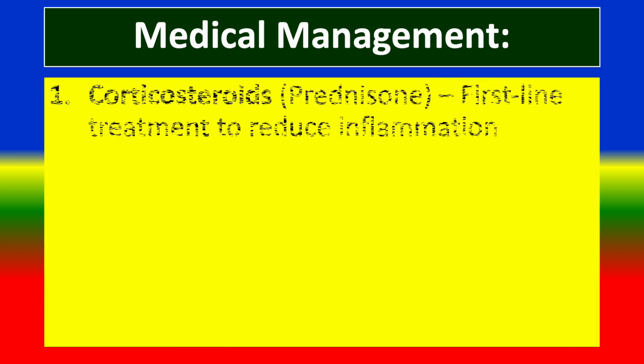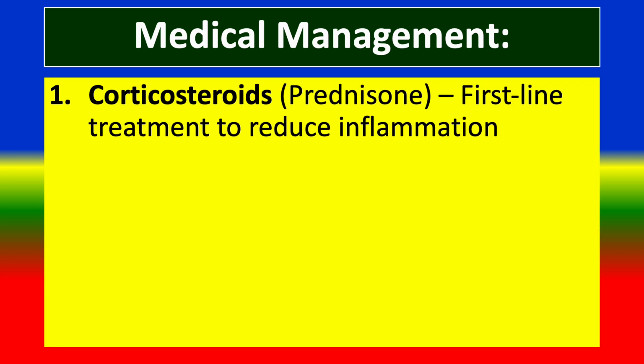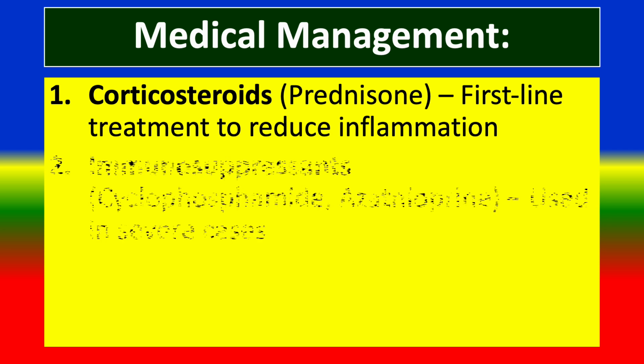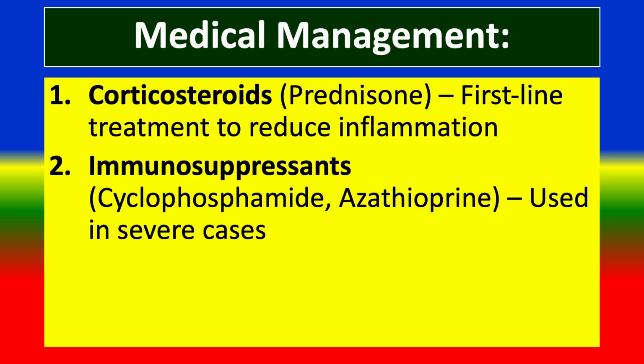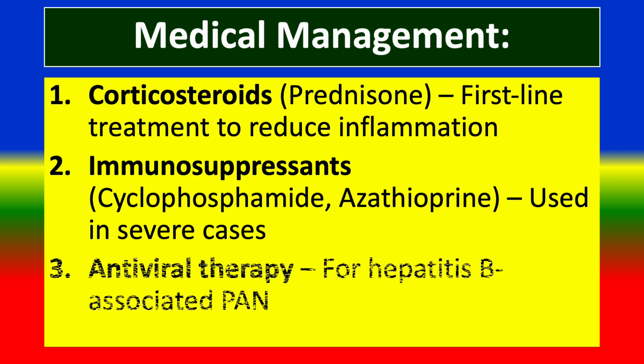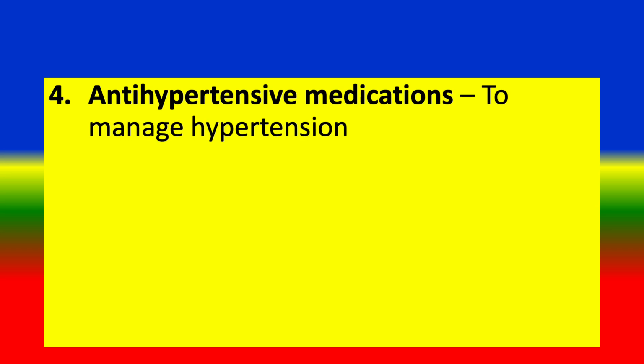Disease management. First, medical management. 1. Corticosteroids, first line treatment to reduce inflammation. 2. Immunosuppressants, used in severe cases. 3. Antiviral therapy for hepatitis B associated PAN. 4.